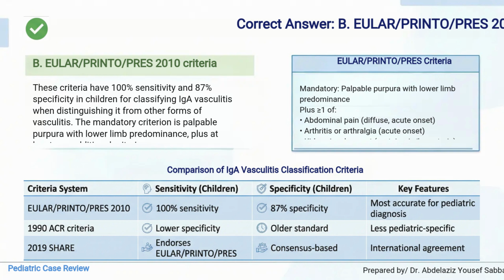The mandatory criterion is palpable purpura with lower limb predominance. The 4 additional criteria are diffuse acute onset abdominal pain, acute onset arthritis or arthralgia, kidney involvement shown by proteinuria or hematuria, and leukocytoclastic vasculitis with immunoglobulin A deposits on biopsy. Meeting the mandatory criterion plus any one of these 4 confirms the diagnosis.